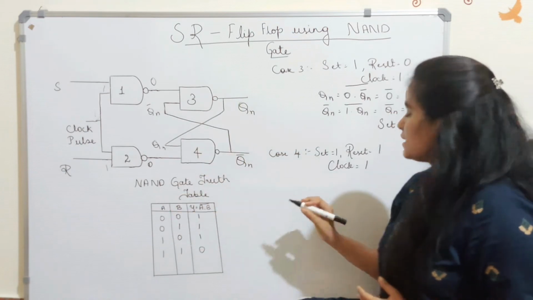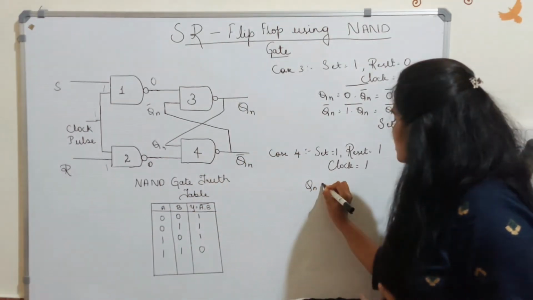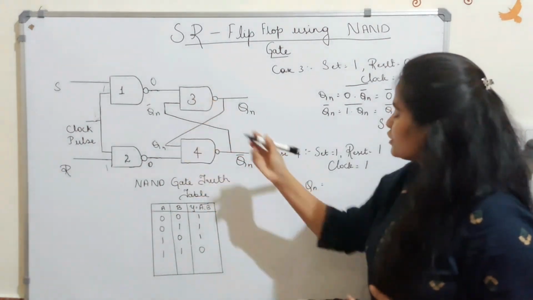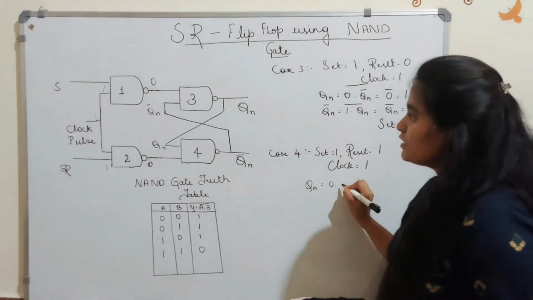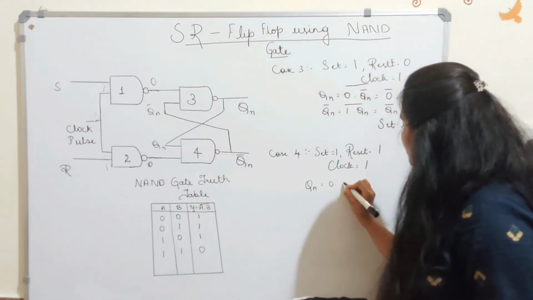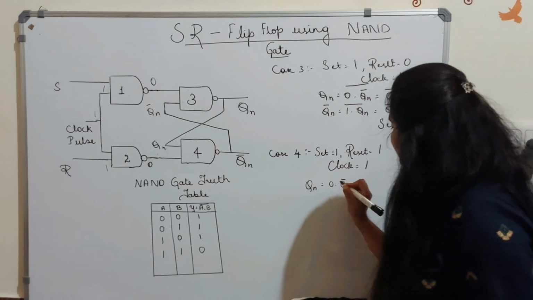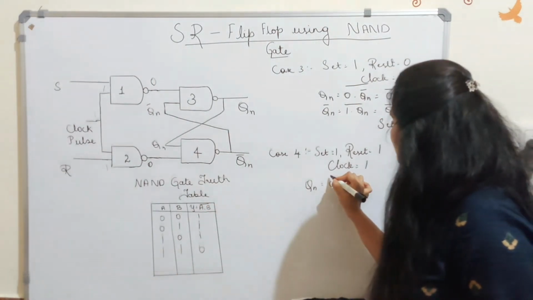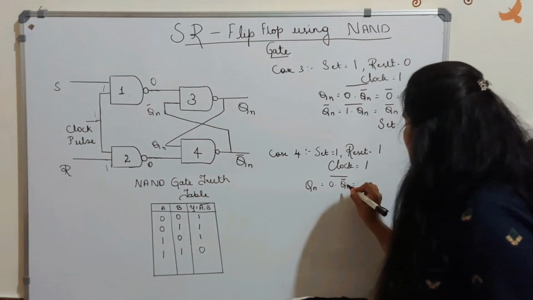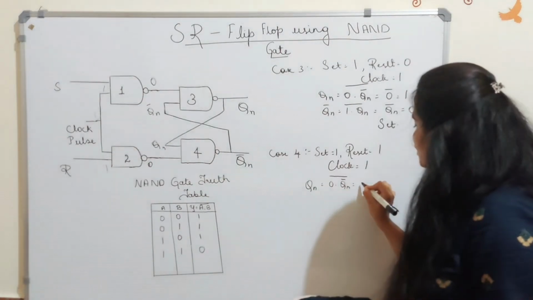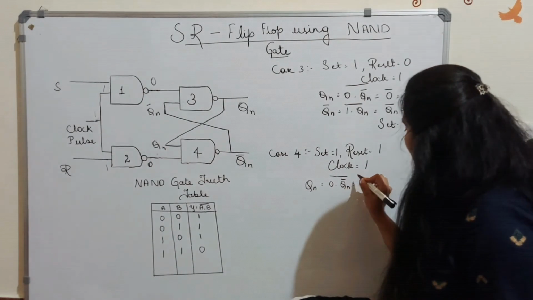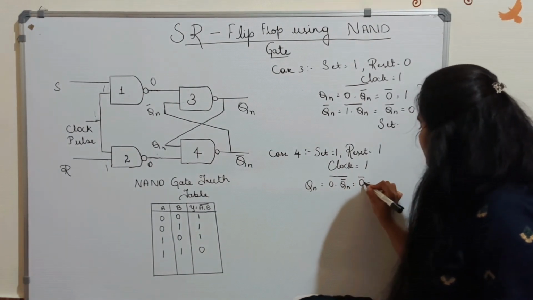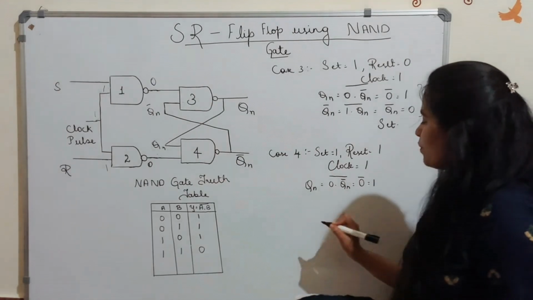Now let's consider the latch. Qn is equal to, the first input is 0 and the second input is Qn complement. With reference to the expression, both the values are complemented. So Qn complement into 0 is 0. I'm writing down this whole complement over here. 0 complement turns out to be 1.